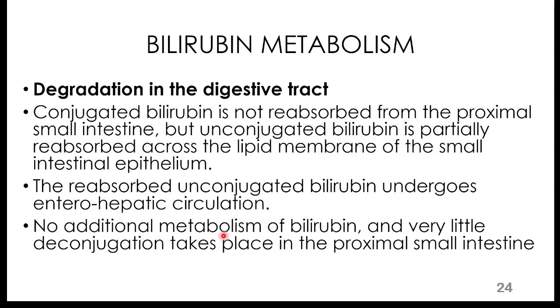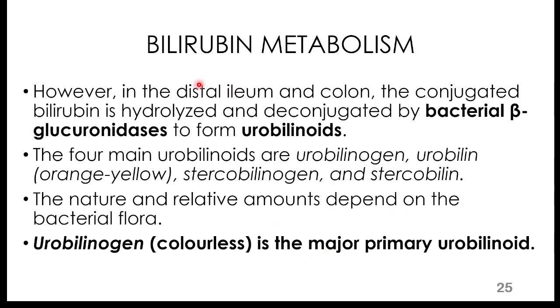Not much additional metabolism of bilirubin happens within the proximal small intestine. However, in the distal ileum and in the colon, the conjugated bilirubin is hydrolyzed and deconjugated by beta-glucuronidase enzymes within bacteria to form urobilinoids.